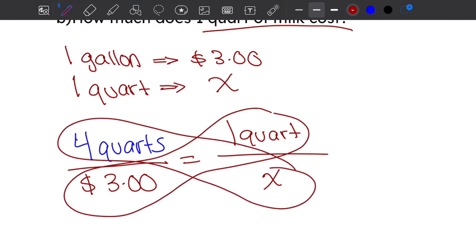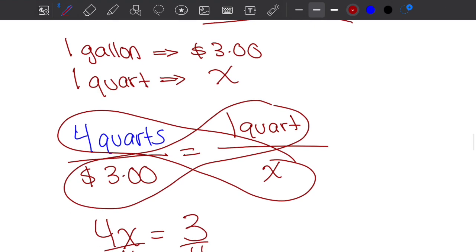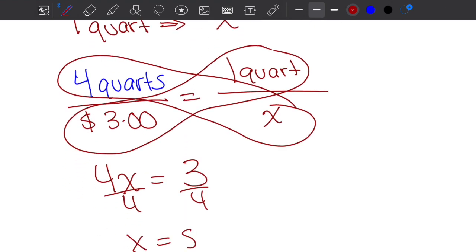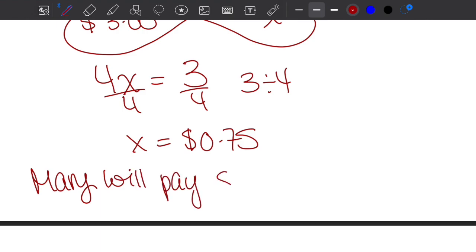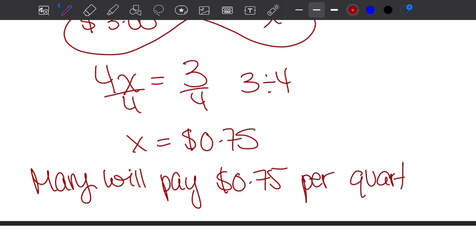This and this. So 4 times x is 4x. 1 times 3 is 3. Then we divide both sides by 4. And then x is equal to 0.75 because 3 divided by 4 is 0.75. So then my answer, my conclusion is Mary will pay $0.75 or 75 cents per quart.